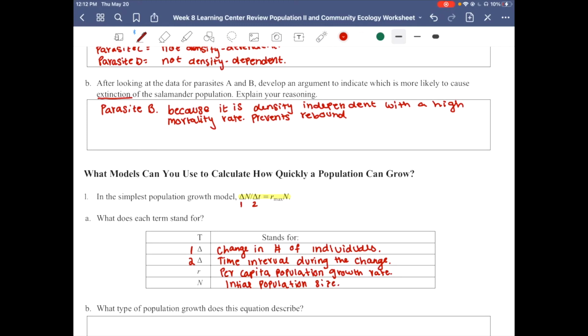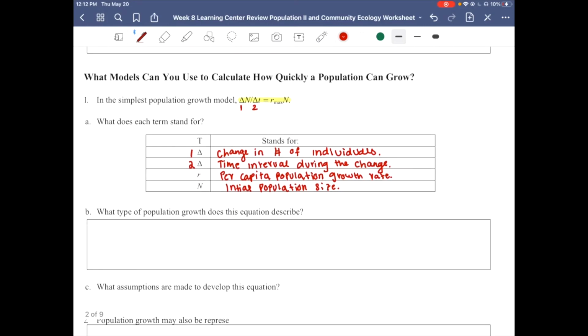All right, does anyone know if this equation is for an exponential model or a logarithmic model? All right, I'll just tell you the answer. Remember that this equation is for an exponential model.